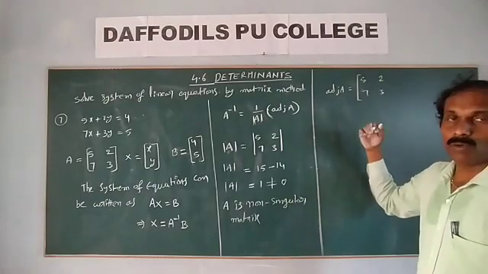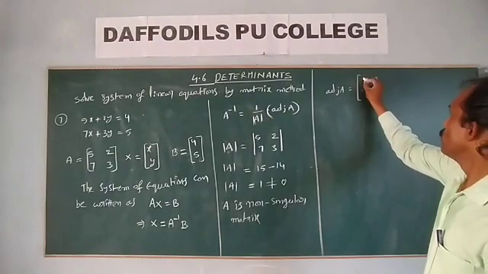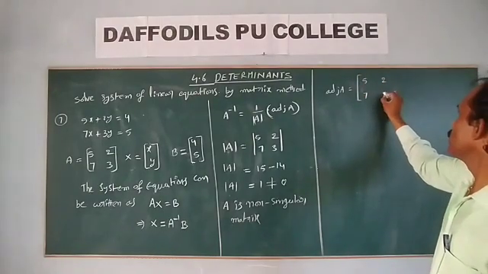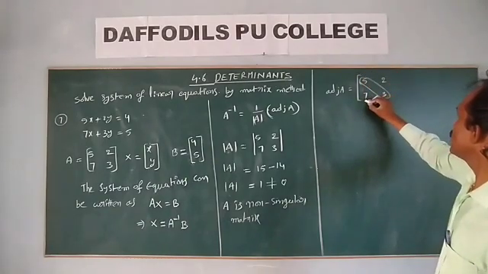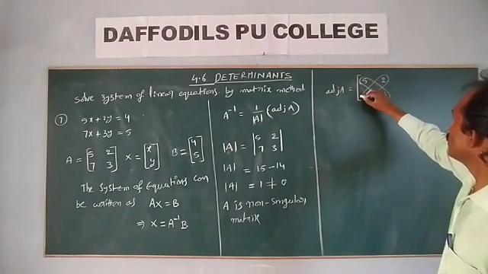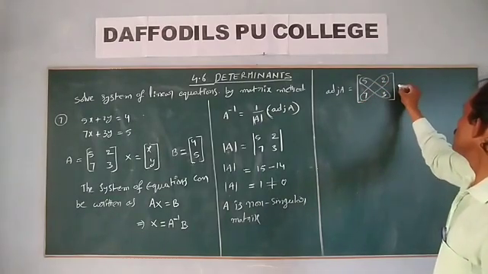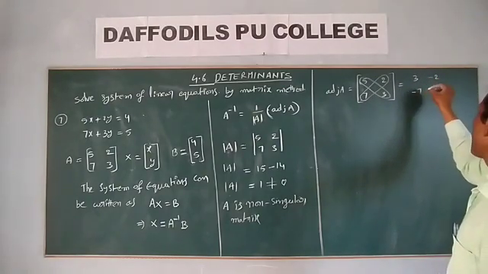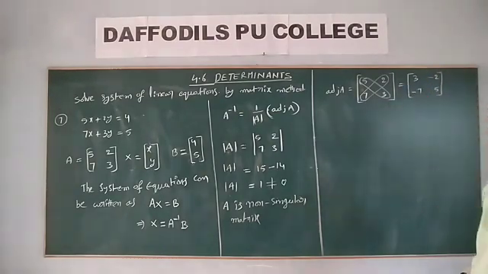But it is not necessary; for a 2 by 2 matrix you can take it directly. Take 5, 2, 7, 3, interchange the diagonal elements and change the signs of the others. That implies 3, minus 2, minus 7, 5. So this is adjoint A.